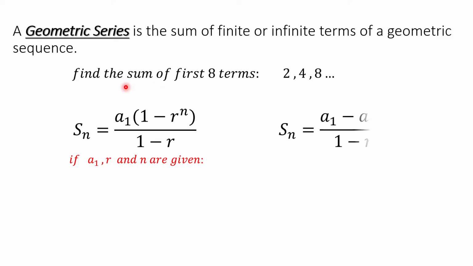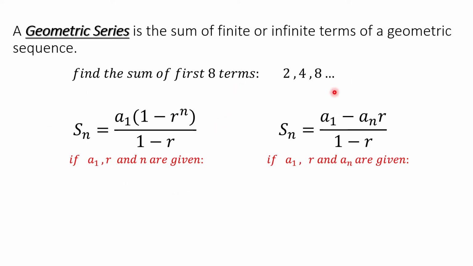So, the second formula is we have S sub n, or this is the sum of the series or the geometric series, is equal to A sub 1, the first term, minus the last term times its ratio or its common ratio over 1 minus r. And this formula will be used if the first term, the common ratio, and the last term are given. So, depende sa anong given, pipili tayo ng anong formula gagamitin natin.